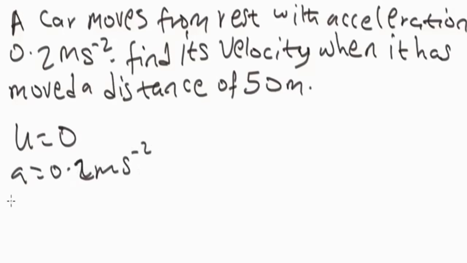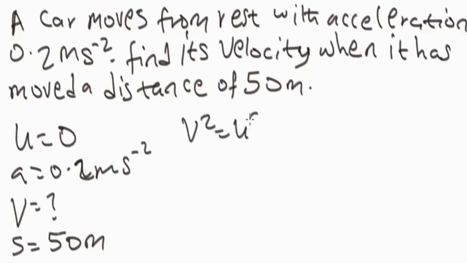We don't have v, the final velocity, and this question doesn't have time. We have the distance to be 50 meters. That means out of the three equations of motion, the one suitable to solve this problem is v square equals u square plus 2as.